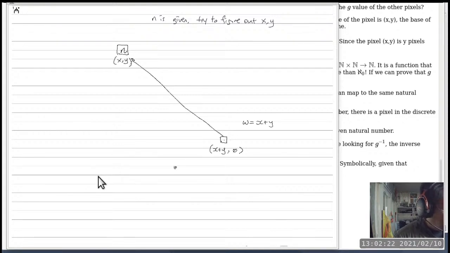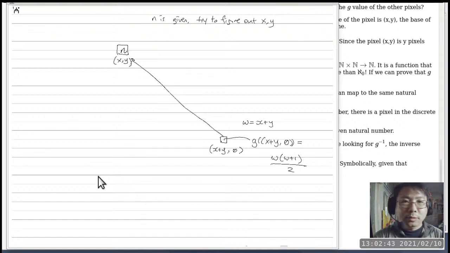So we know this pixel has a g value of g of x plus y, 0, which is going to be w times w plus 1, the whole thing divided by 2, right?